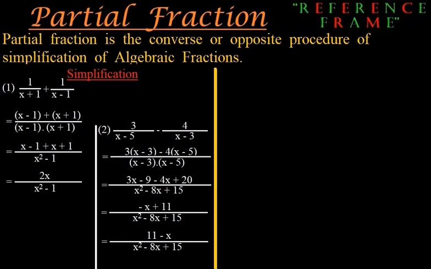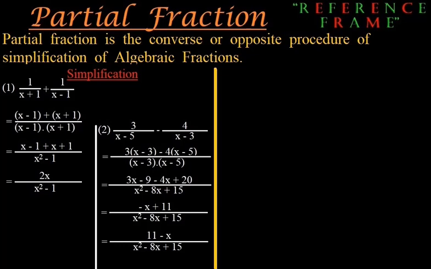But partial fractions will do just the converse, the opposite thing. Here you are given the last line, that means you are given the result, 11 minus x divided by x square minus 8x plus 15.